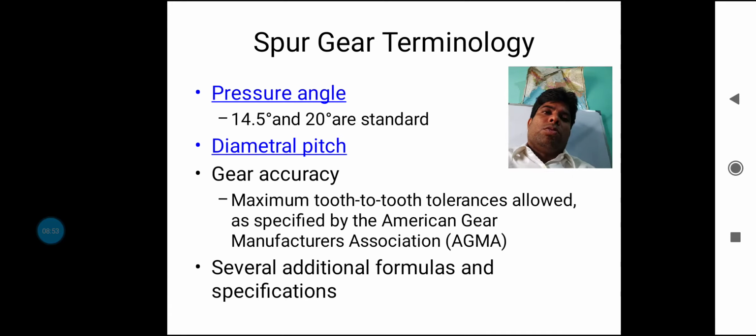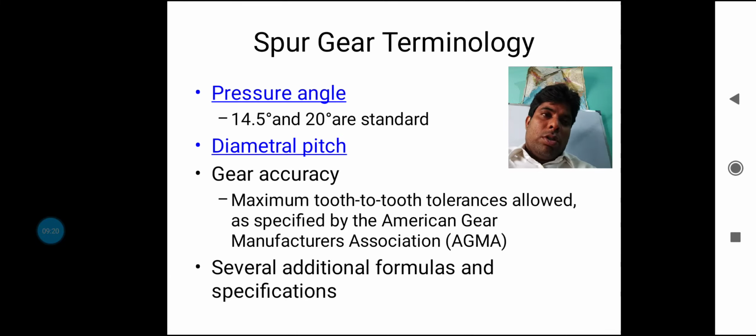So let us summarize the conclusion of gear terminology. We have learned in this class the module, circular pitch, diametral pitch, contact ratio, gear ratio. Let us recall what gear ratio is.